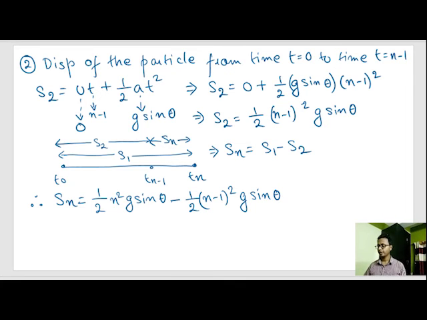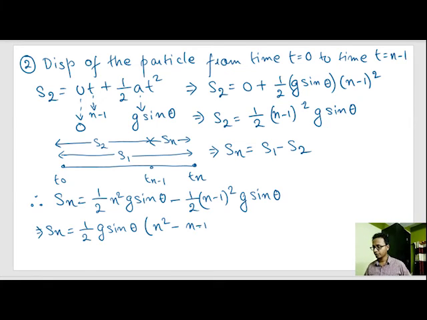Now let's solve it. Sn is equal to half g sin theta. We can take this as common. And our remaining is n square minus n minus 1 whole square.